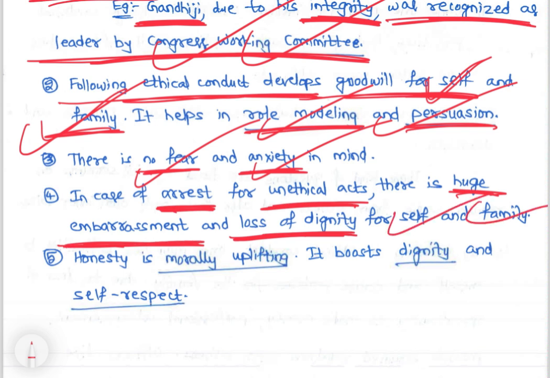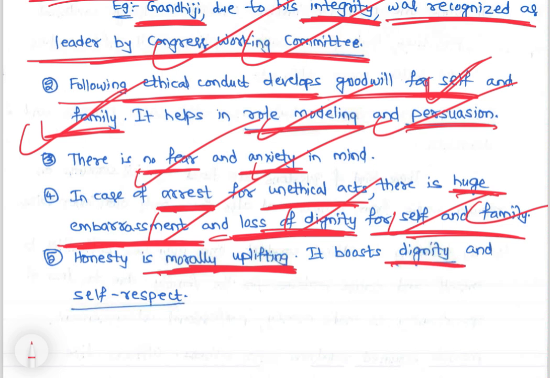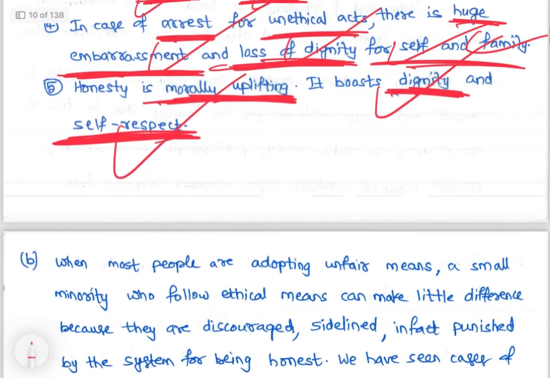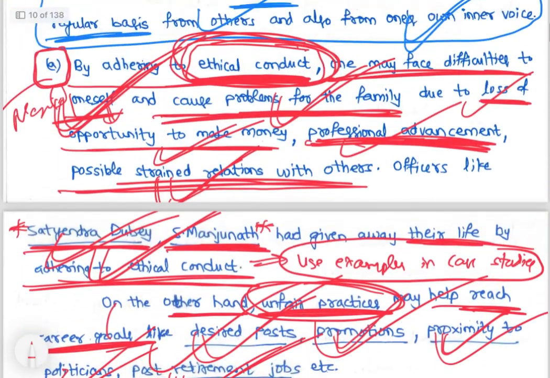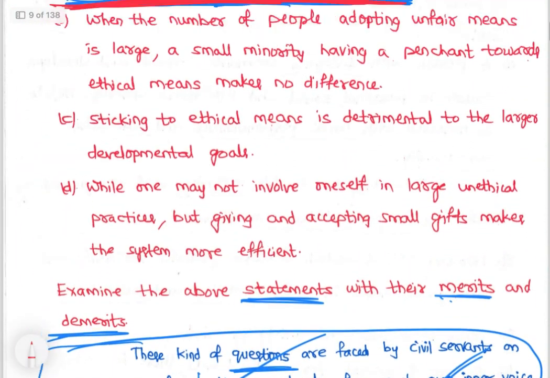Loss of dignity for self and family. राइट? सो अगर अरेस्ट हुआ तो वो फैमिली का नुकसान है, अगर अनएथिकल एक्ट्स किया तो वो भी तो है. Then honesty is morally uplifting. It boosts dignity and self-respect. Right? ठीक है? So there are demerits in this statement also.